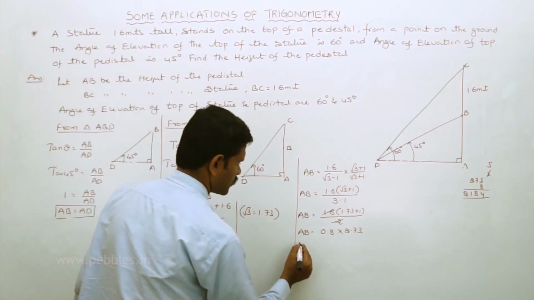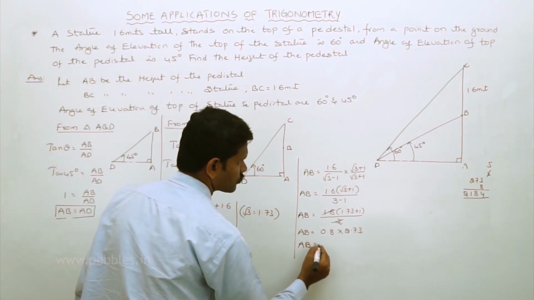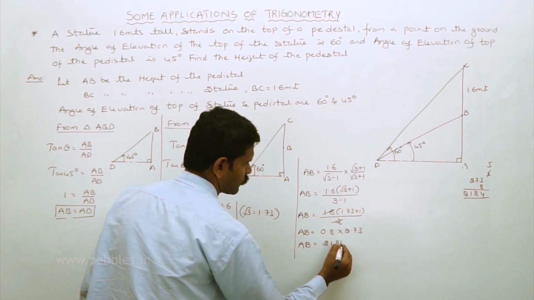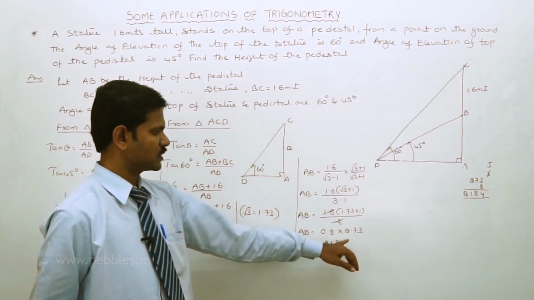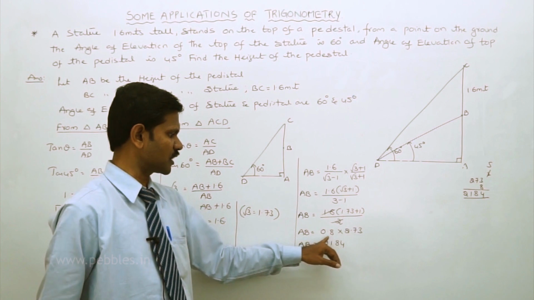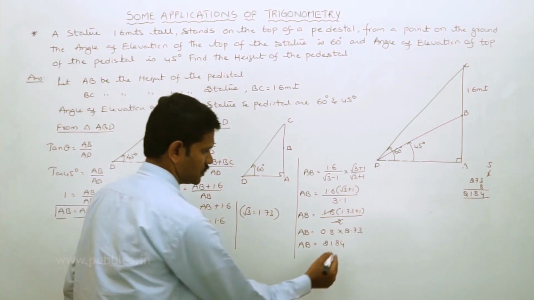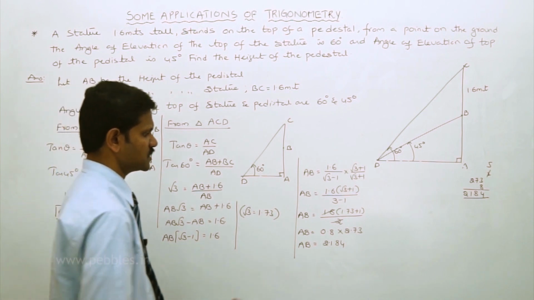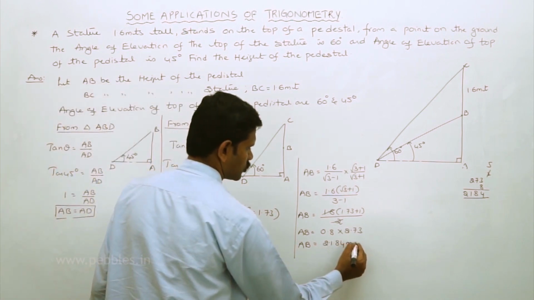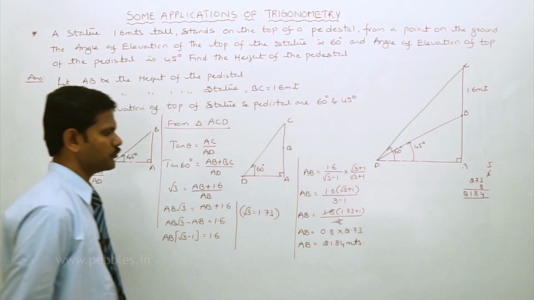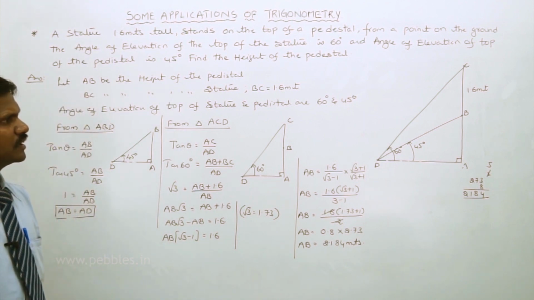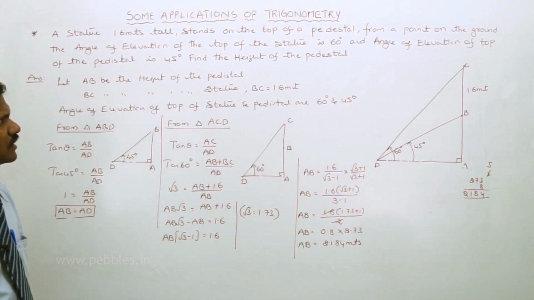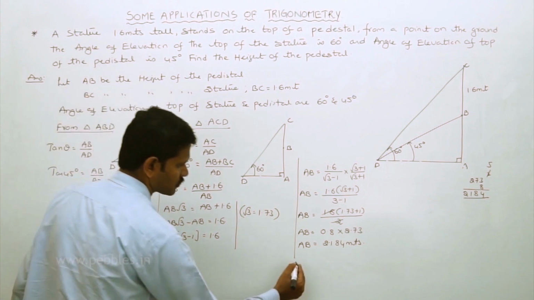That is AB is equal to 2184. There are two decimal places here and one decimal place here, total 3 decimal places, so you have to place the point accordingly. That is AB is equal to 2.184 meters. Here AB is the height of the pedestal.